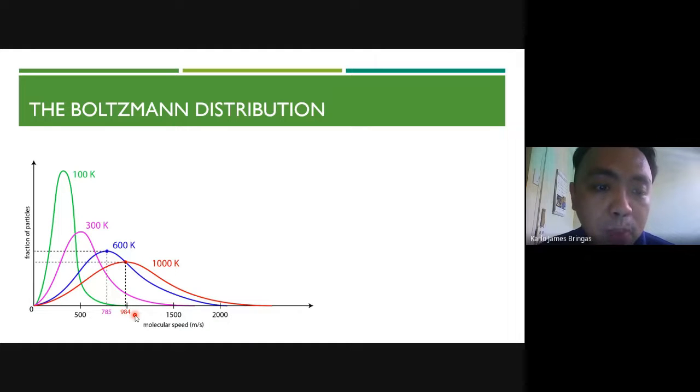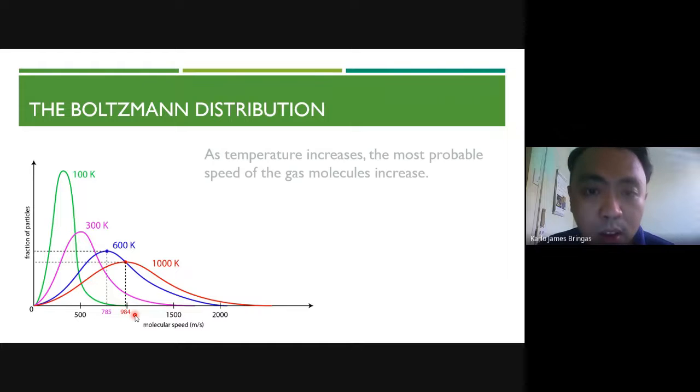So from this Boltzmann distribution, for our particular sample of gas, we are now able to arrive at the following conclusions regarding the behavior of our gas. Okay? So first, an obvious conclusion here.